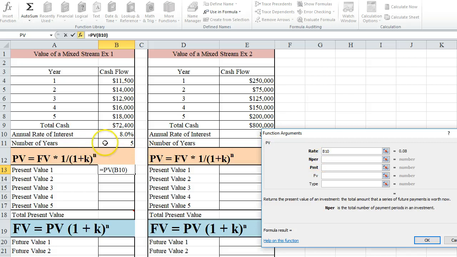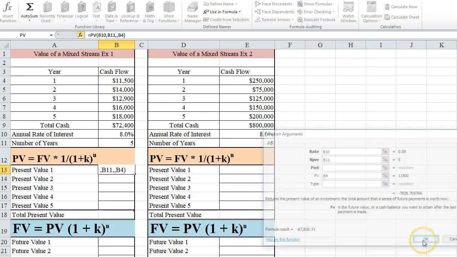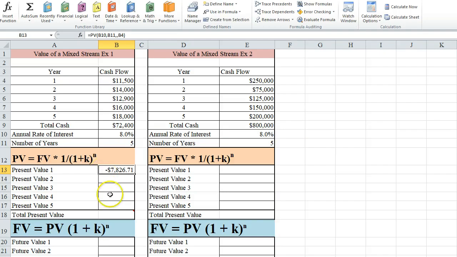N per would be the years, and then we would put in the future value. This would be the future value for one, and then we could calculate the present value for each of the cash flows. And we'd have to do each one of these individually, open up that dialog box. We can't just copy it straight down and set those up. So that would take some time.